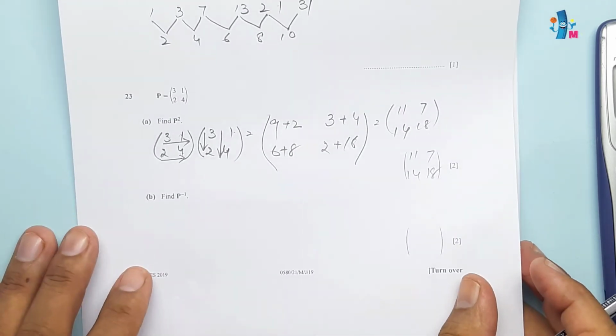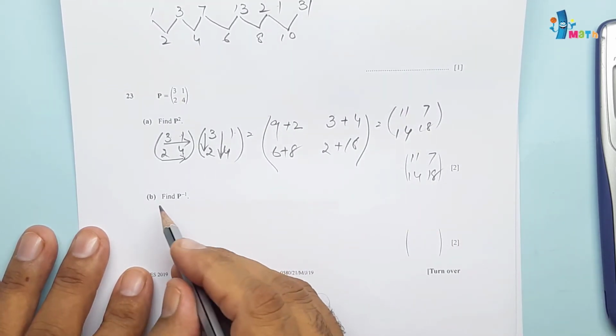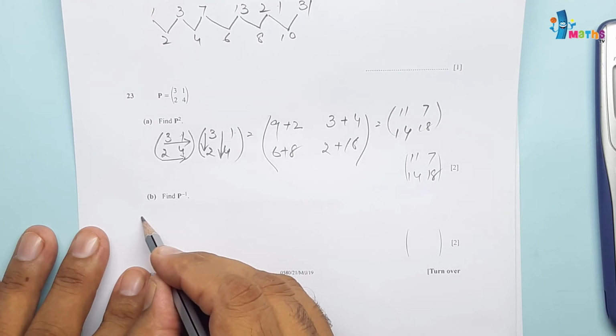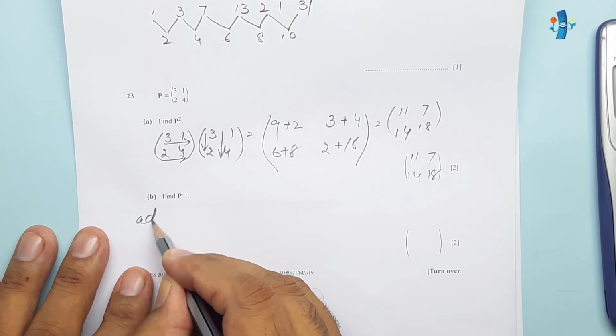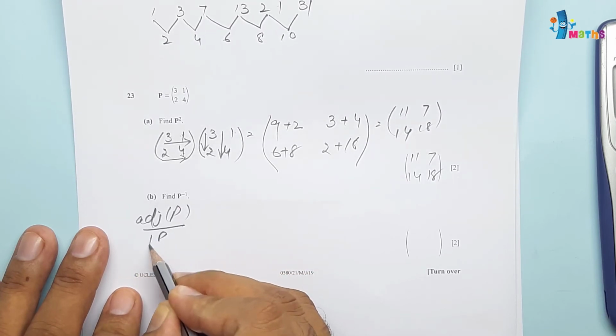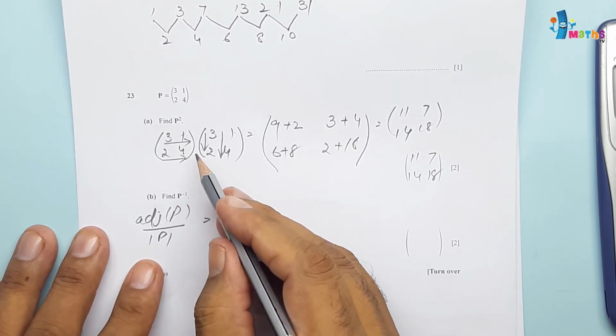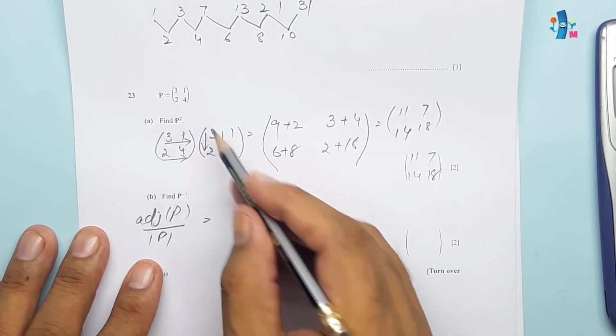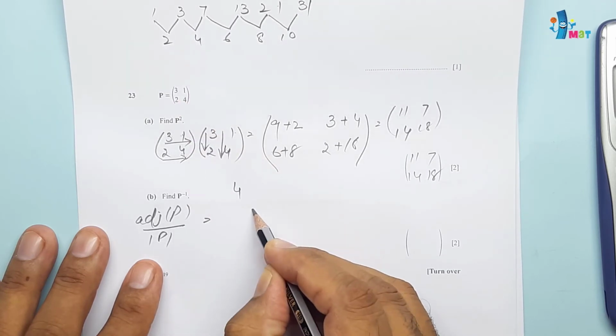Then we have to find the inverse of P. So P inverse is equal to adjoint of P over mod P. We are changing these two locations, so it will be 4 and 3.